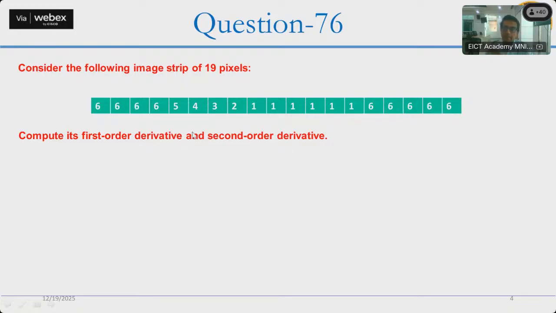These are the problems from the content we covered yesterday.